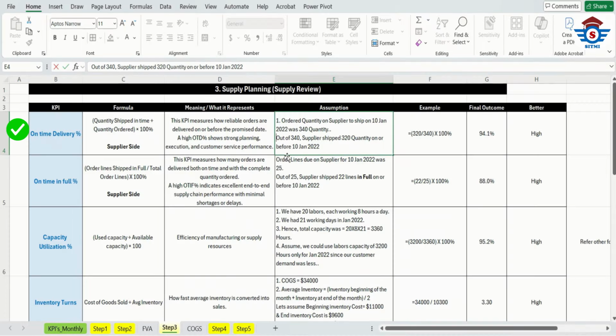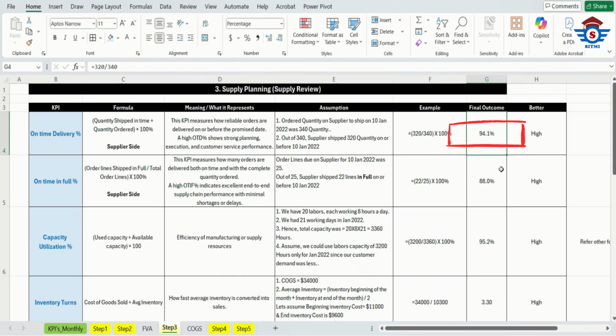But out of this 340 quantity, the supplier was able to ship only 320 quantity on or before 10th of January 2022. So when we put this particular information in our formula, it tells us that the supplier's on-time delivery is 94.1%. The higher the delivery percentage, the better the performance of the supplier.